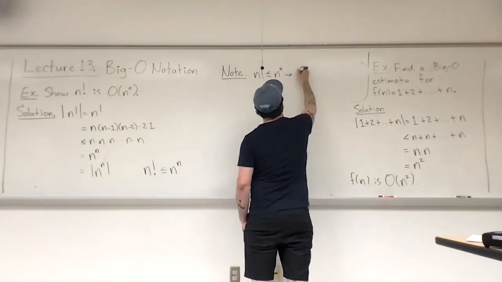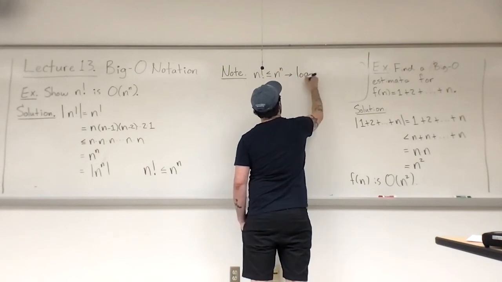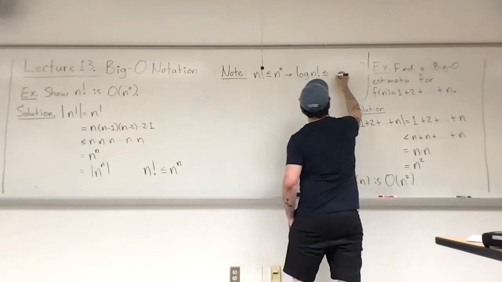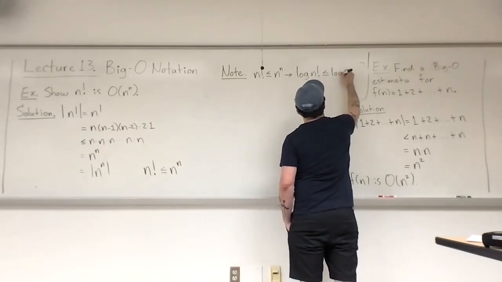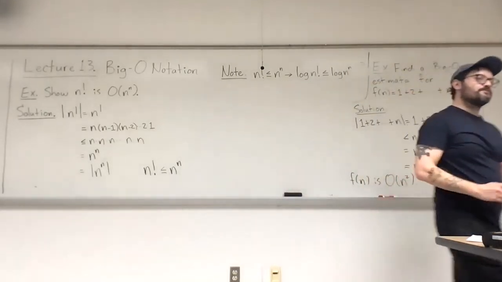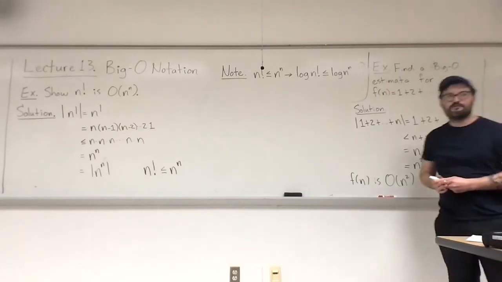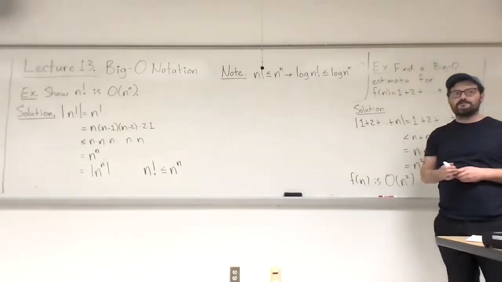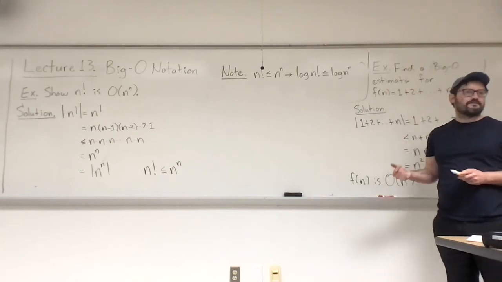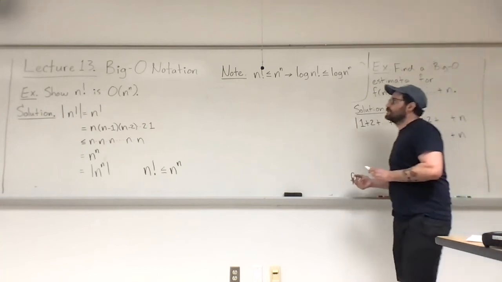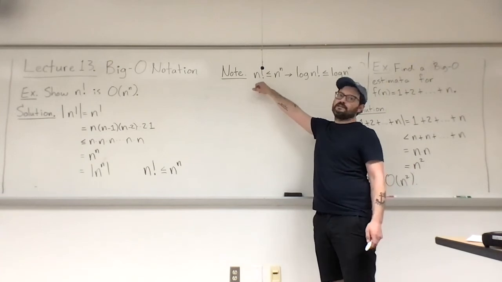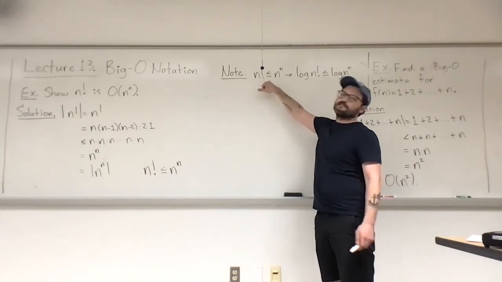implies that log of n factorial is at most log of n to the power n. Why is that true? You can only apply functions on both sides of an inequality when certain things happen. The logarithmic function is increasing, right? So if we apply it on both sides, and that's less than that, then log of that is less than or equal to log of that.